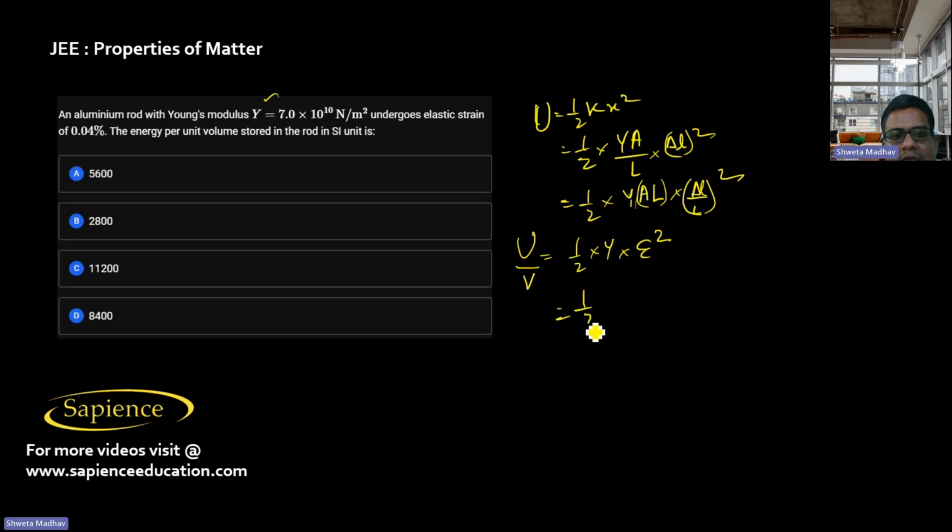So this will be half into the Young's modulus 7 into 10 power 10 into strain, that is 0.04 by 100, its whole square.